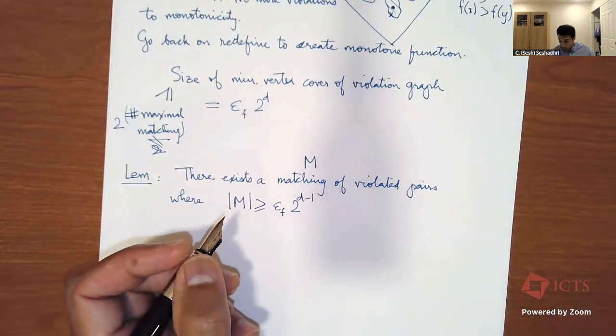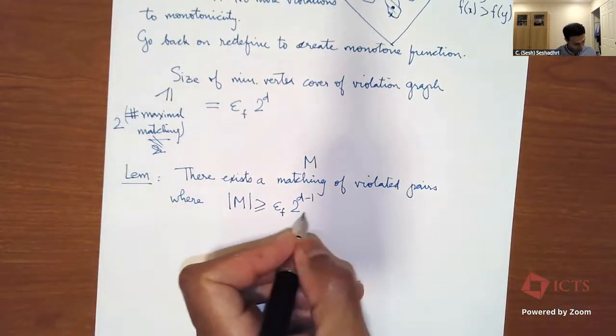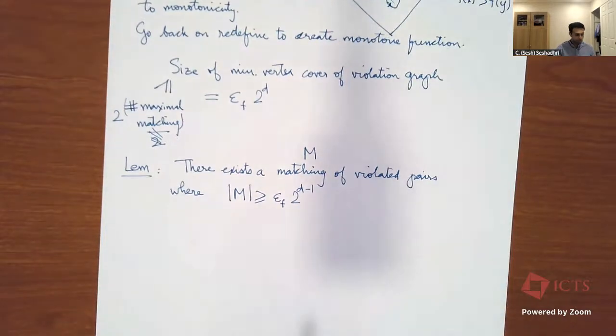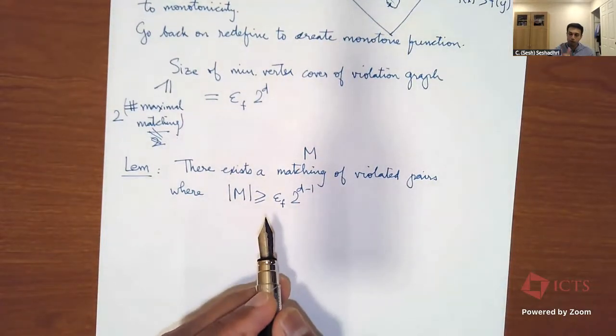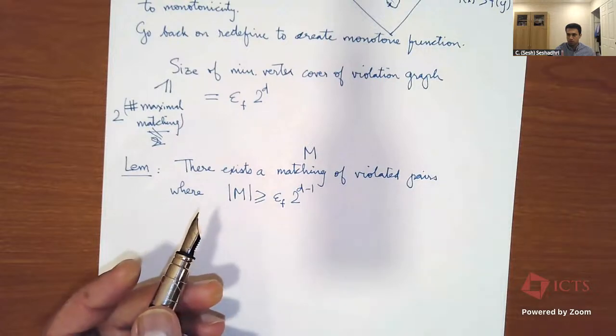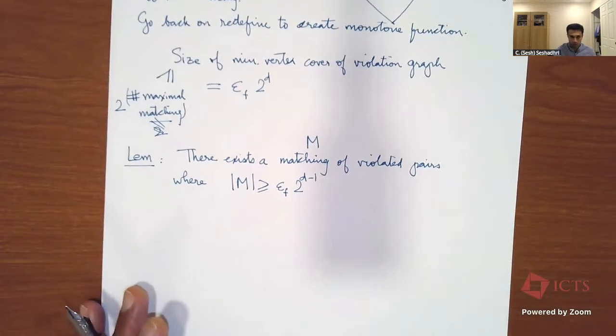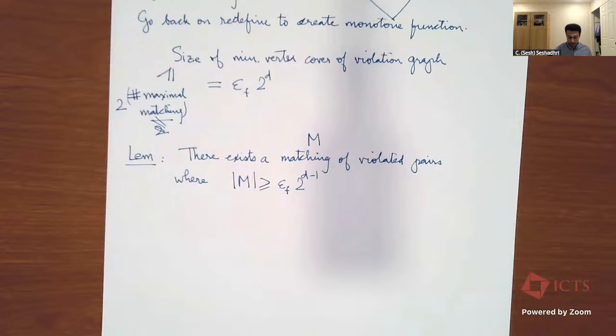And this again holds for any domain. Technically it's just the domain size divided by 2. So what we have is now a different hook into talking about the distance to monotonicity, which is this matching of violated pairs. And we're now going to use this matching to help prove the directed Margulis theorem.